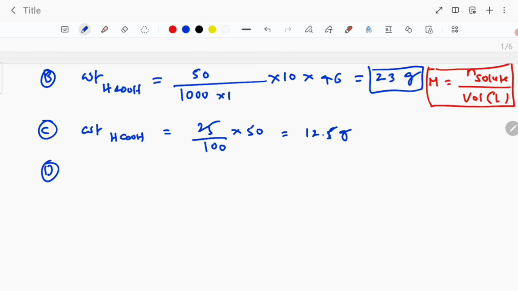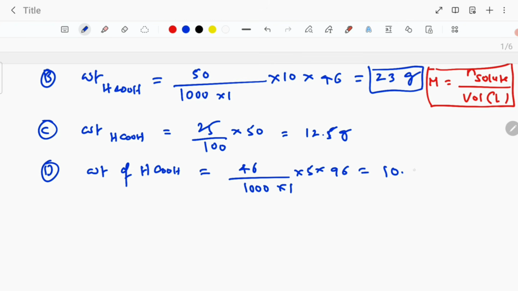Then similarly 46 grams of 5 molar HCOOH solution. It's the same as option B. So here I am writing weight of HCOOH, the same as option B type. Formula also given. So here 5 into, because they mentioned 5 molar, multiplied with 46.